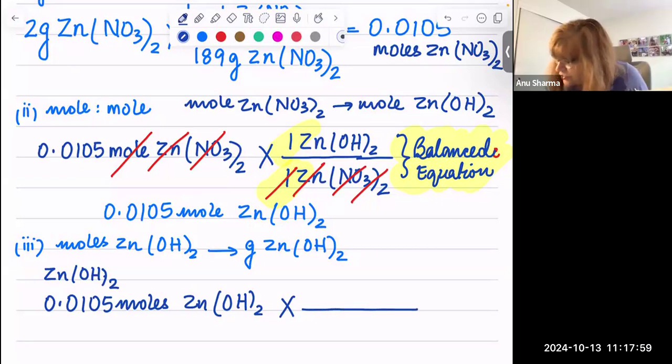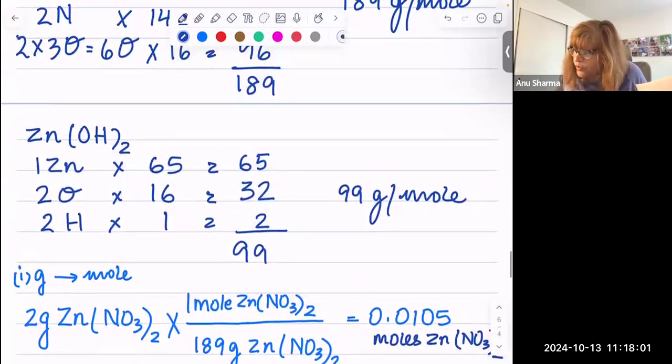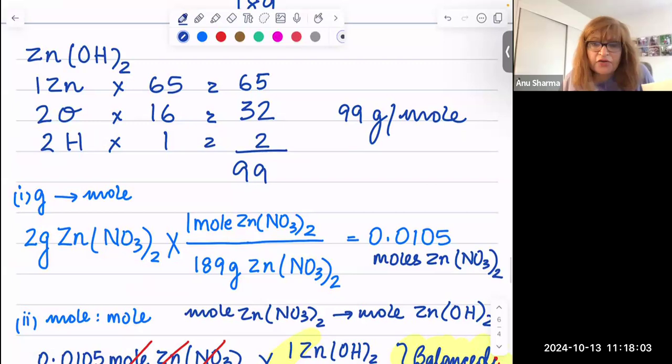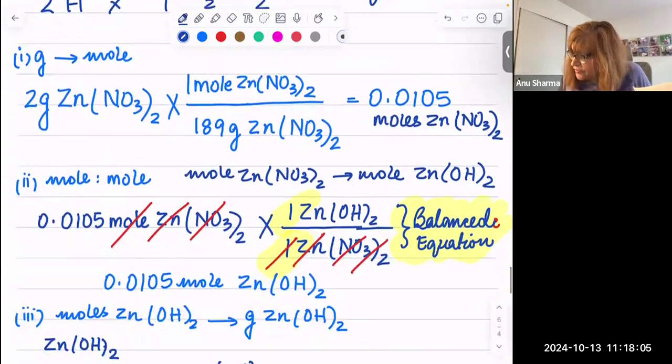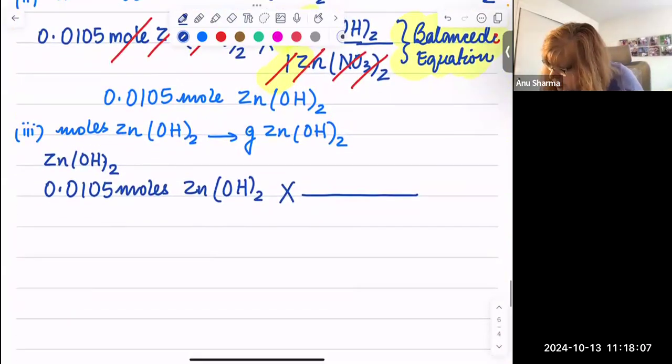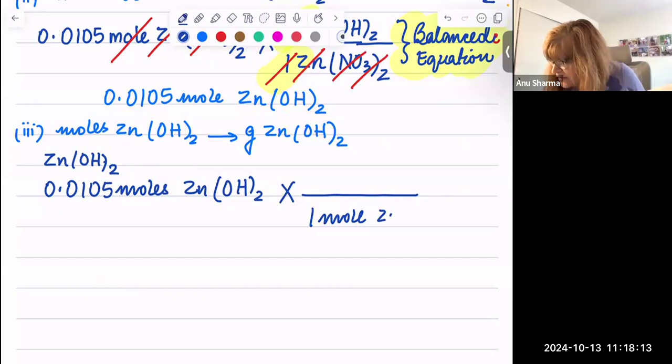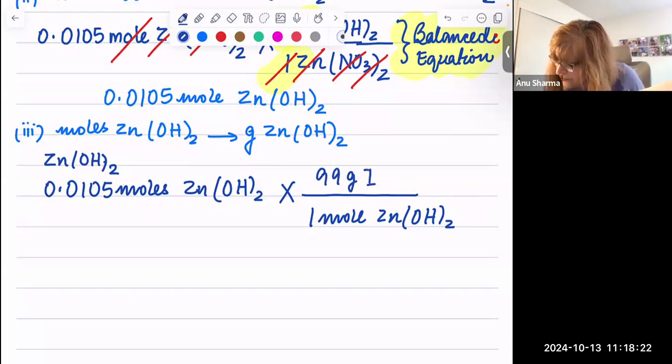Now you need to convert it into grams. So go back and look at the molar mass of zinc hydroxide, which is 99 grams per mole. So here you're going to write down 1 mole at the bottom, zinc hydroxide, OH whole twice, and then here is the 99 grams of zinc hydroxide.